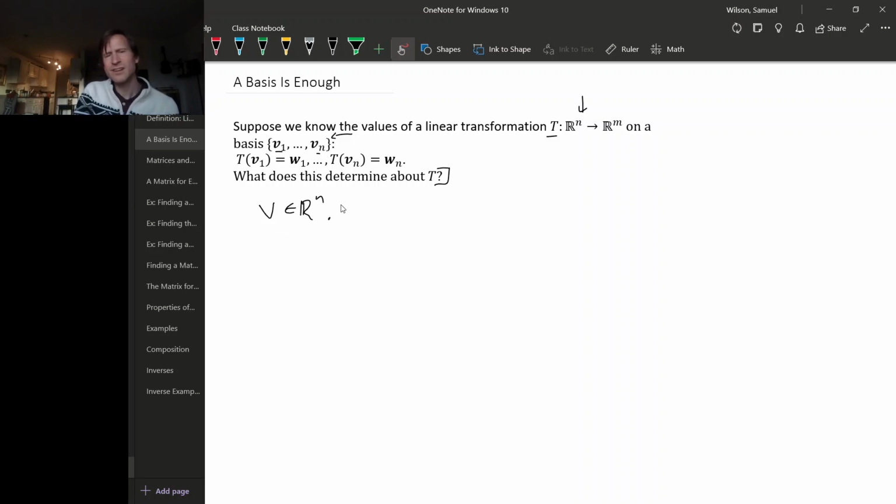Well, since Rn is really the span of v1 through vn, and this is because v1 through vn are a basis for Rn, right? So they span Rn. So since v is in the span of these, that means v is a linear combination of v1 through vn, like this.